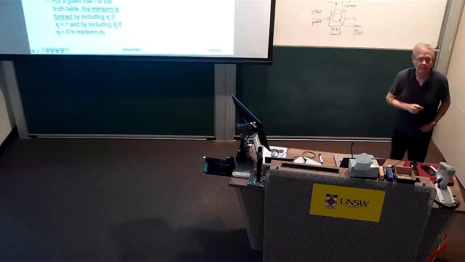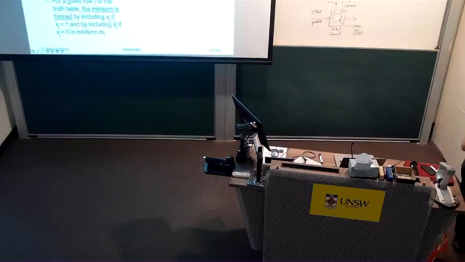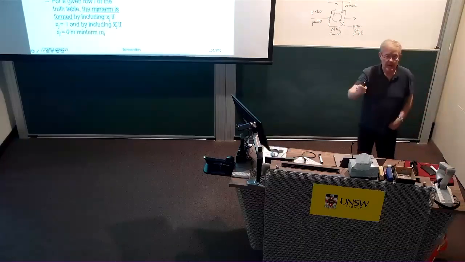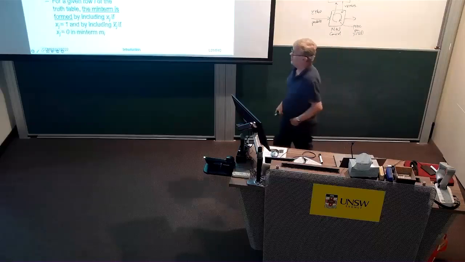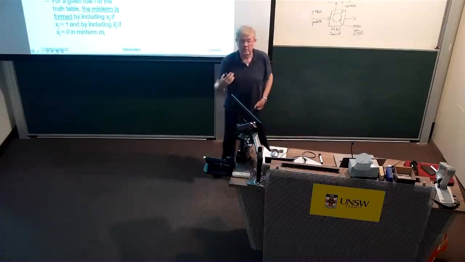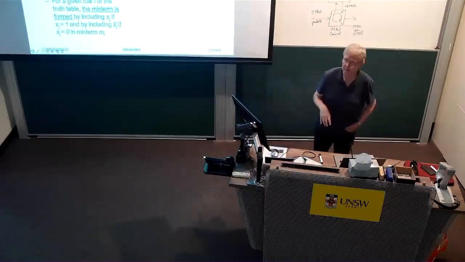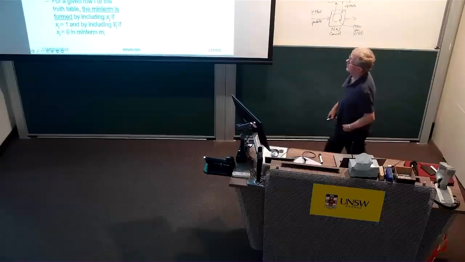We need to introduce this notion of min terms. A min term is a product term in which each of the n variables that you have in a function appears exactly once, and they're either complemented or uncomplemented in that min term.